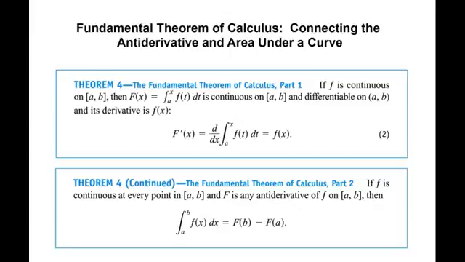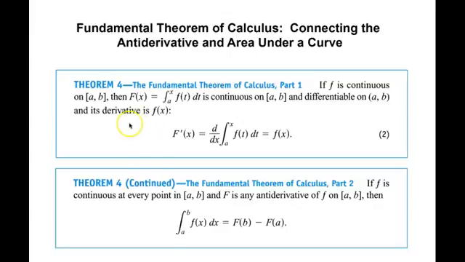So basically what that first part is saying is that if my little function f is continuous on a to b, then the antiderivative is also continuous and is differentiable. And how it is differentiable is unique in that when we take the derivative of the antiderivative, we indeed just get the original function f back again.